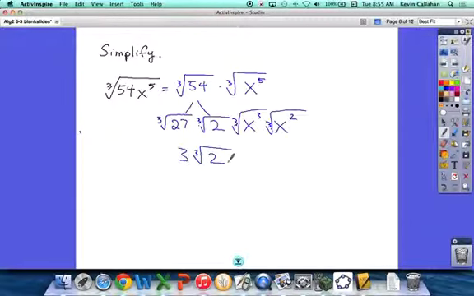The cube root of x to the third: 3 divided by 3, there's 1 x that comes out of that. And then the third root of x squared. And then last step, put together everything that's outside the radical, 3x, and put together everything that's inside radicals into one radical, the third root of 2x squared.